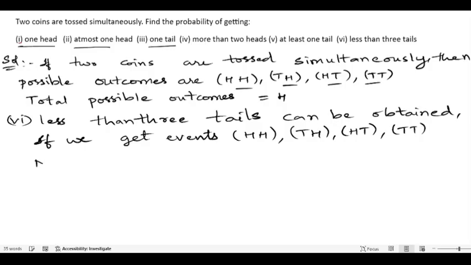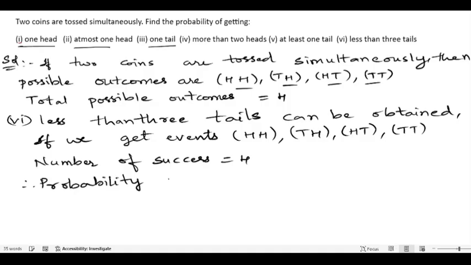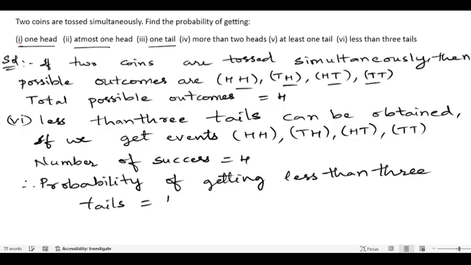So number of success is equal to 4. So therefore we can write probability of getting less than 3 tails is equal to 4 upon 4. 4 ones are 4, 4 ones are 4. So probability of getting less than 3 tails is 1.